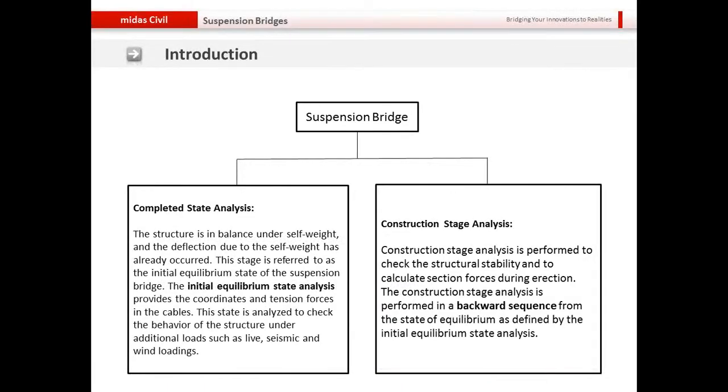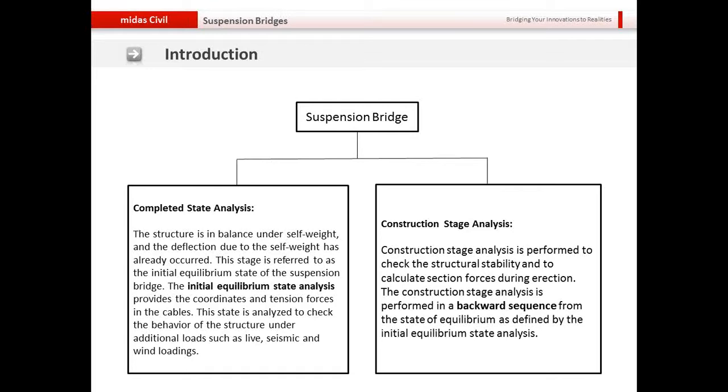So as I mentioned, we'll be talking about the analysis approaches. The first one is completed state analysis, and as you can read from the literature, this is an excerpt from our tutorial that is available on our website, which you can download for free.